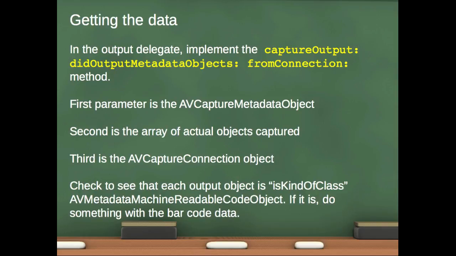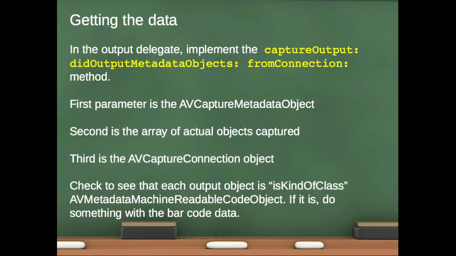The third is the AV Capture connection object that we already had. Most importantly, we can use the array of the objects that were actually captured. This delegate method is going to be called anytime a metadata output is captured with the camera.